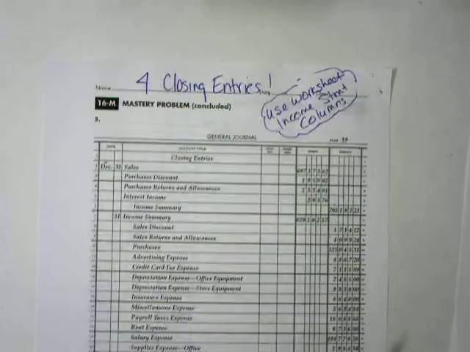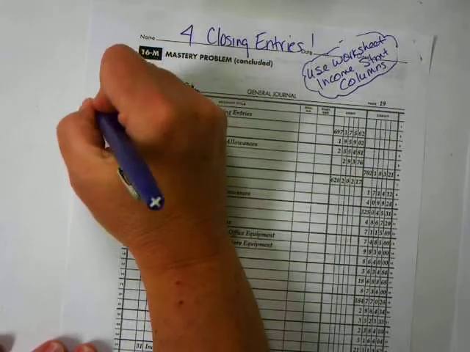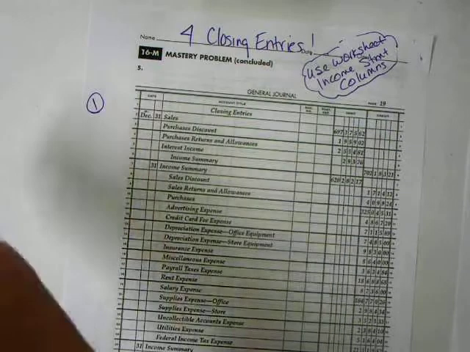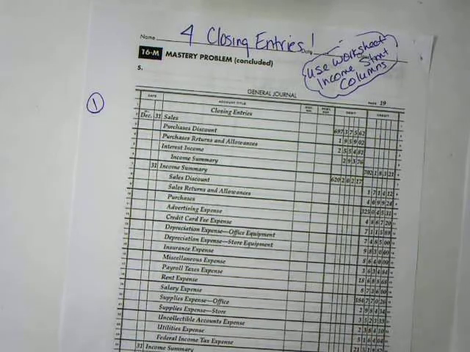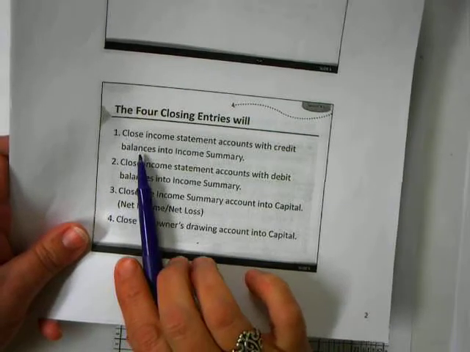Okay, so the first closing entry is anything that is a credit. Anything that's a credit in the income statement column.